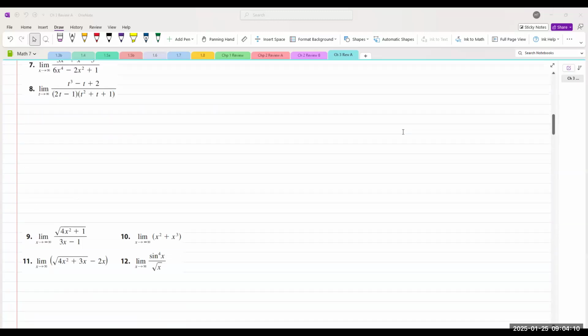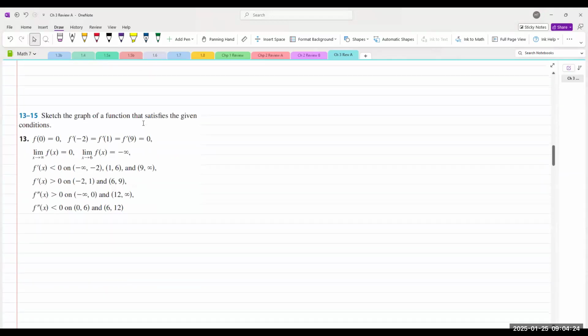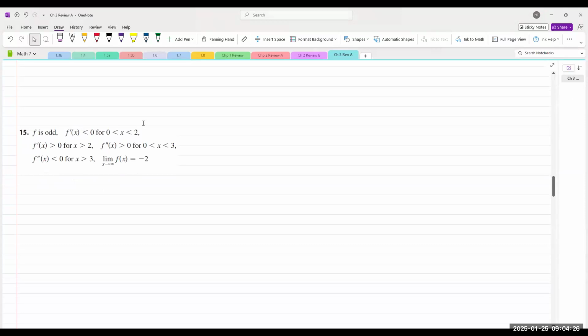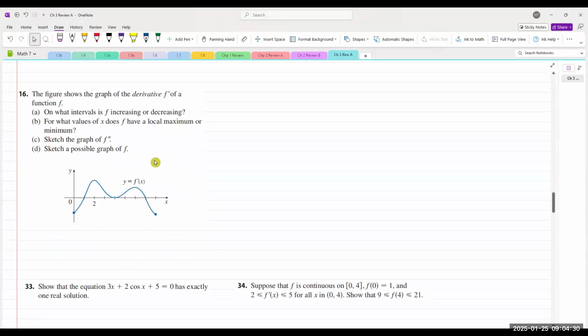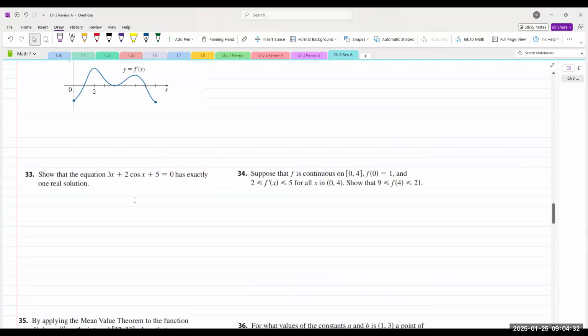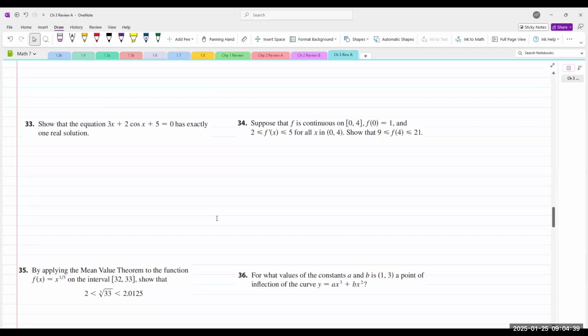So the questions that come from section 3.4 are this one here. That's section 3.4. Okay. And then after I'm done with number 16, I will interrupt that with questions number 33 to 37 because those are from 3.2.